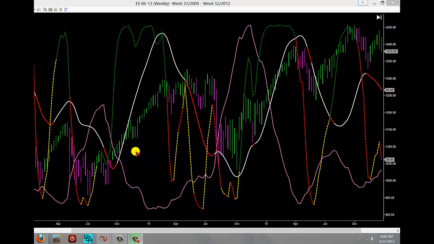So when there's an uptrend, the range is narrow. When there's a downtrend, the range is wide. You can see these very wide bars in here on these weeks in through here.